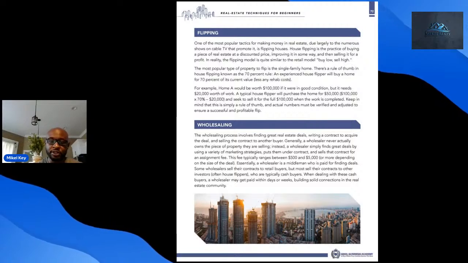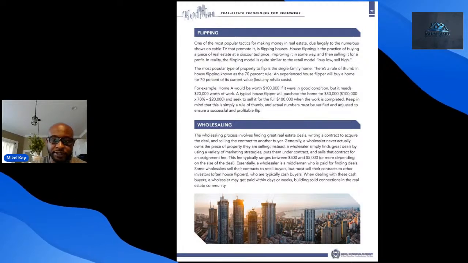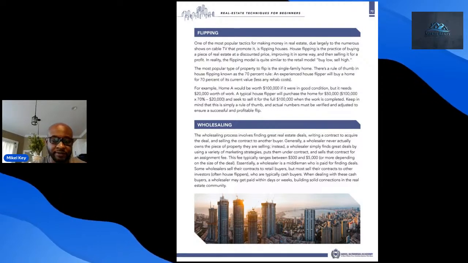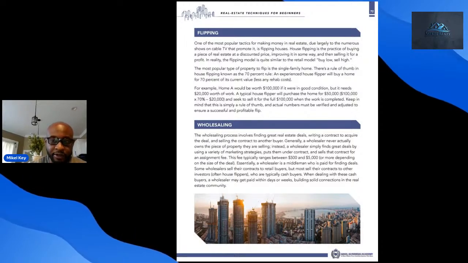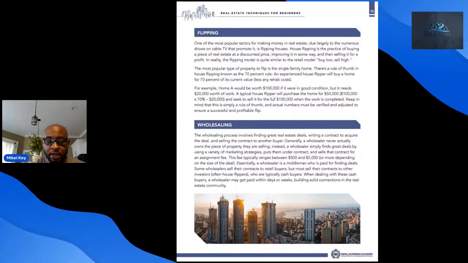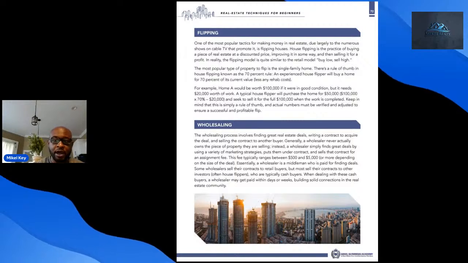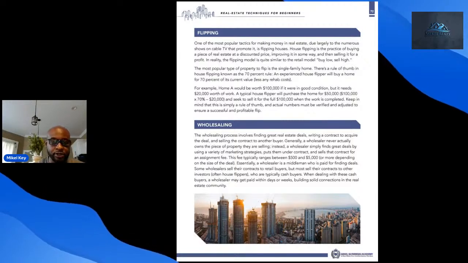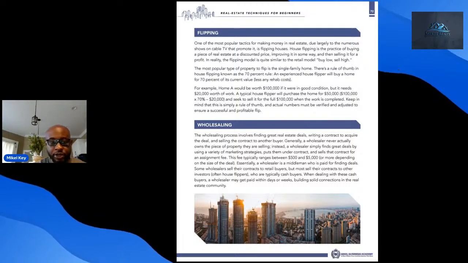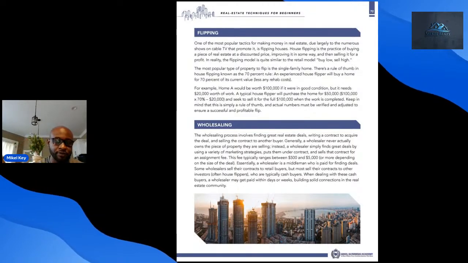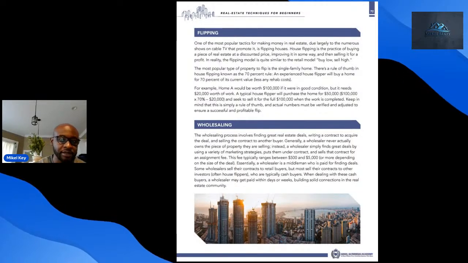Now, with the 70% rule, what this says is that you don't want to invest more than 70% of the home's after repair value in the renovation cost and the cost to purchase the property. So, for example, if a home's after repair value is $100,000, that means you can invest no more than $70,000, because 70% of $100,000 is $70,000.